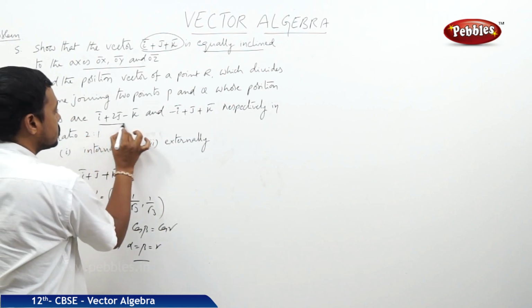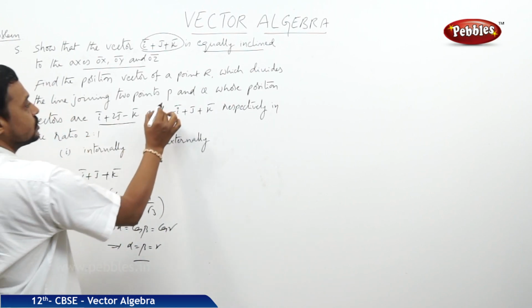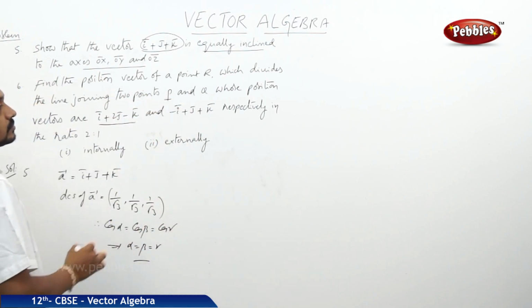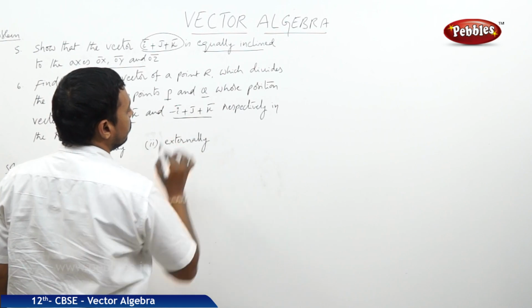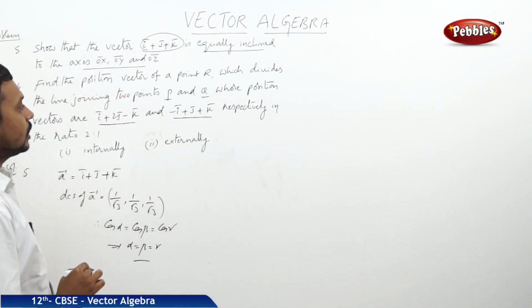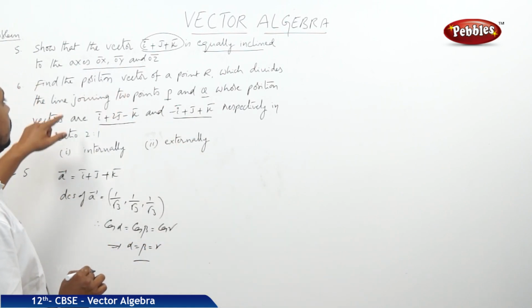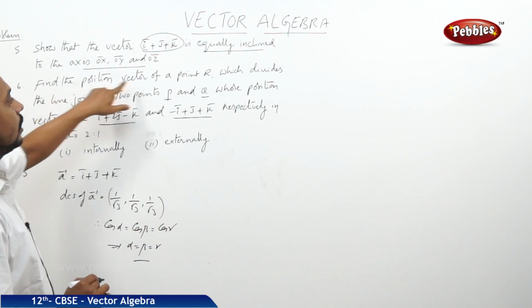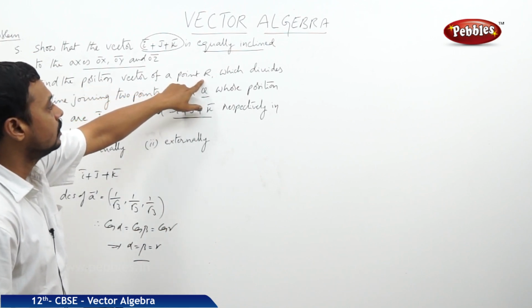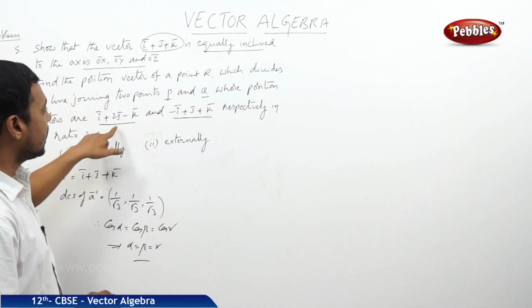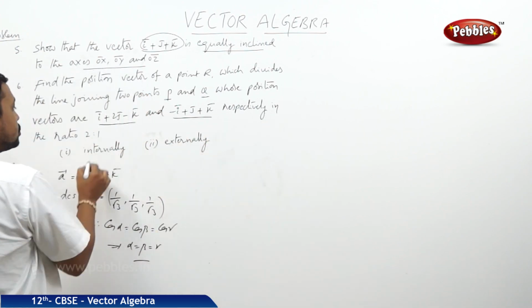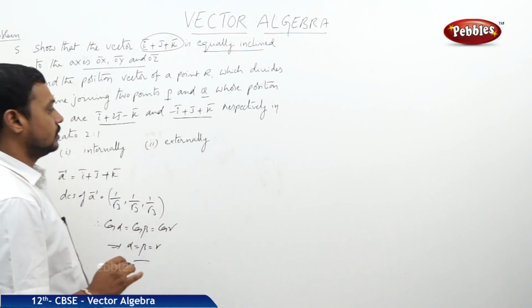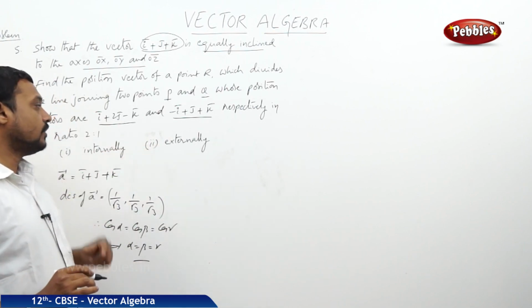Now i plus 2j minus k is the position vector of the point P, and minus i plus j plus k is the position vector of the point Q. So we have both the formulae.